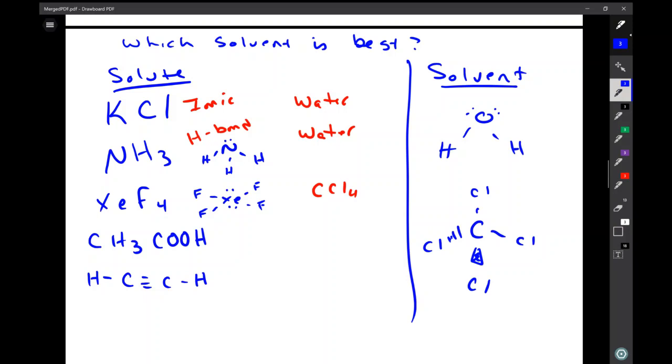CH3COOH. That would actually be water. Alright, so let's check that out. You probably have to look at the structure for this if you didn't want to sketch it out right off the top of your head. Here's your CH3, COOH.